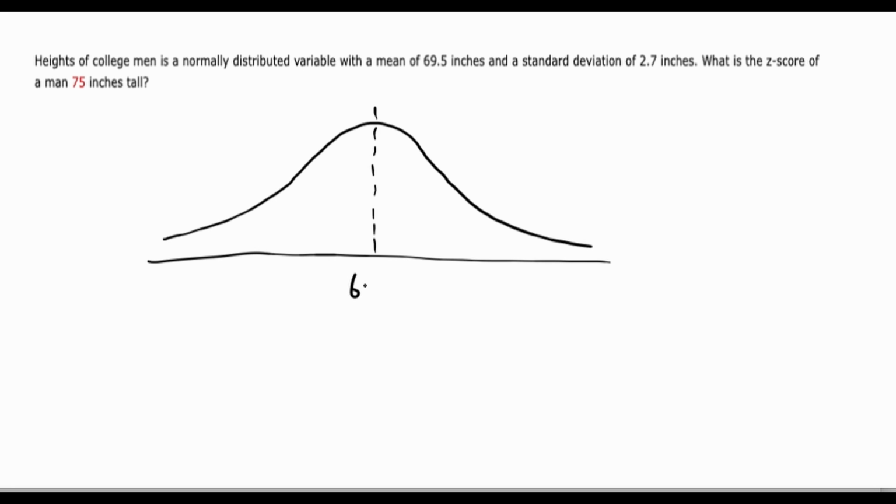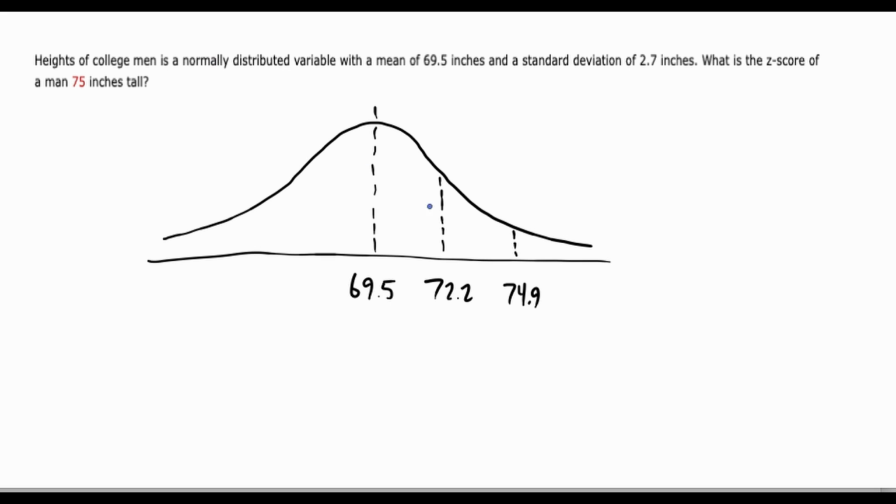The mean is 69.5. And if we add 2.7 to that, I get 72.2. If we want to go farther, we could get 2 standard deviations above the mean, and that's 74.9.